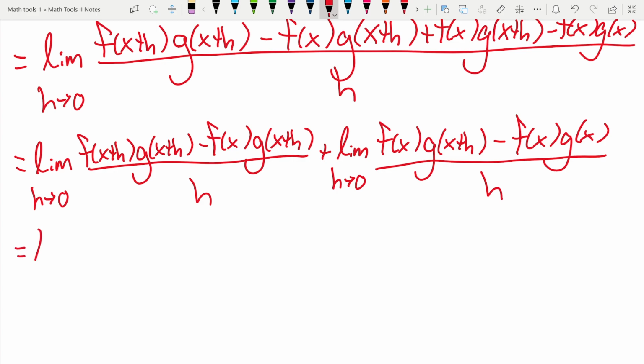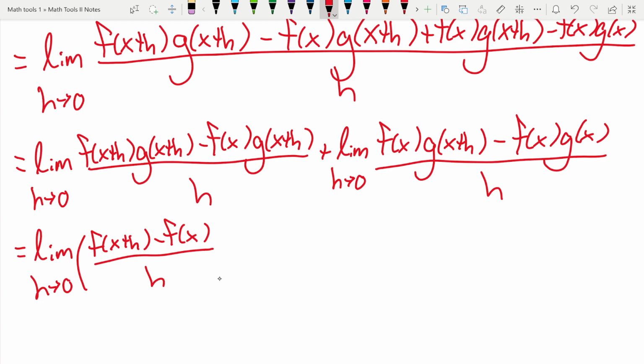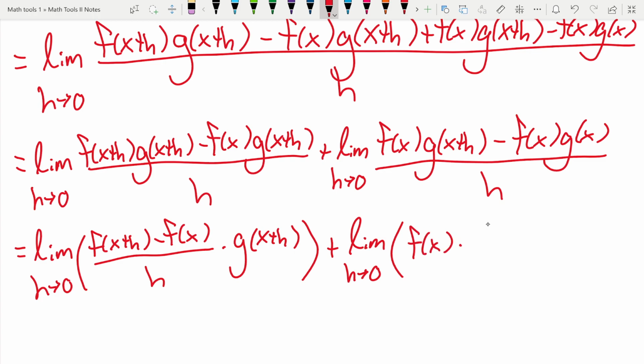In the first one, it's going to be that g of x plus h term. Okay. So specifically, this is going to be f of x plus h minus f of x over h times g of x plus h. So I'm going to factor it out, but put it on the opposite side, just to keep the terms in the proper order. And then this one, we're going to take the f of x out, and then it's times g of x plus h minus g of x over h.